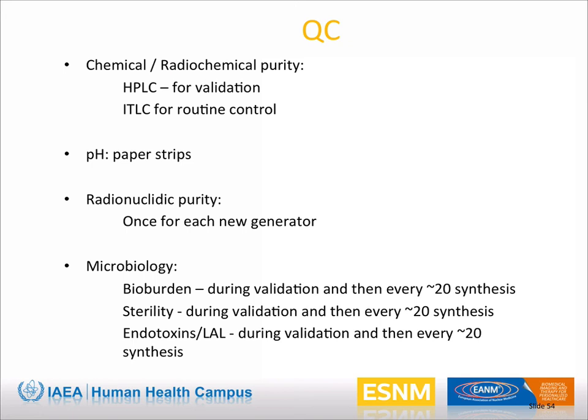For microbiological testing of the finished radiopharmaceutical, you test the bioburden during validation and then roughly every 20th synthesis. The same for sterility, every time during validation and then every 20th synthesis. And also the same for the endotoxins, the LAL test, every time during validation and then every 20th synthesis.